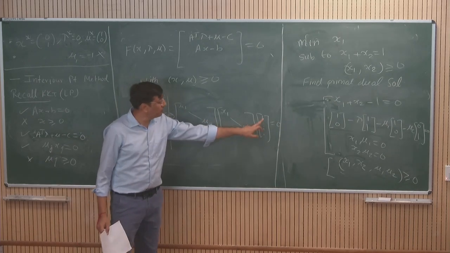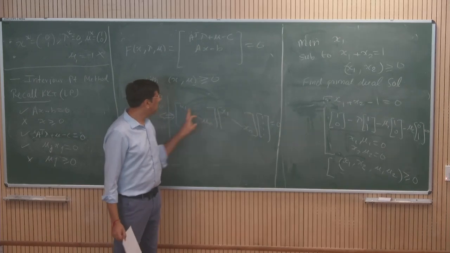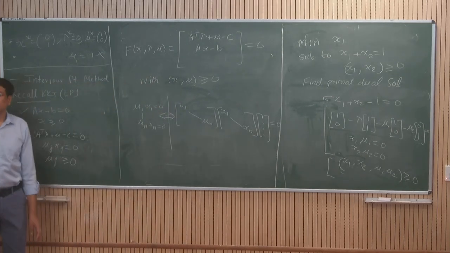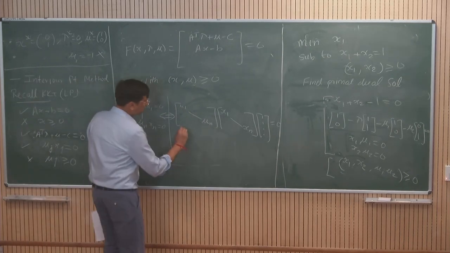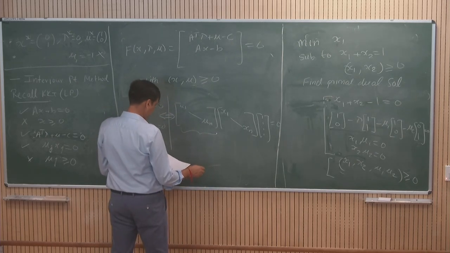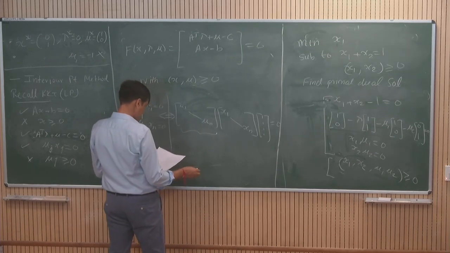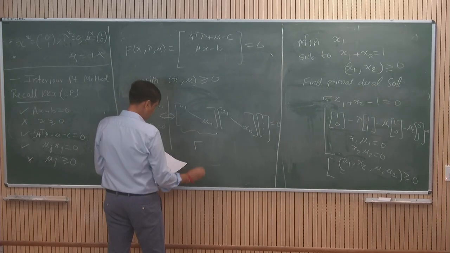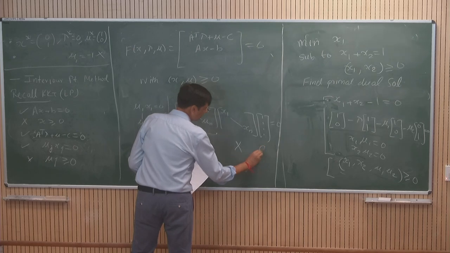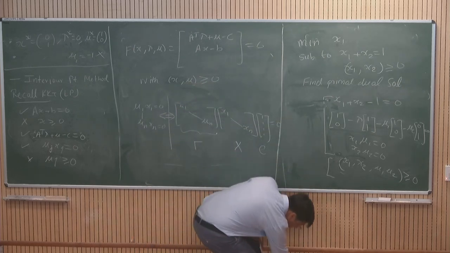Now you multiply with a vector of 1s, it will be mu1 x1, mu2 x2, mu n xn equal to 0. Correct? This I am going to call capital lambda, and this I call x. This I call an E vector, which you have already seen.